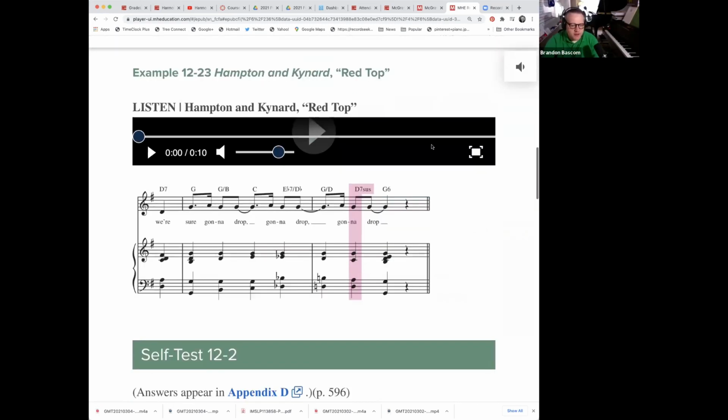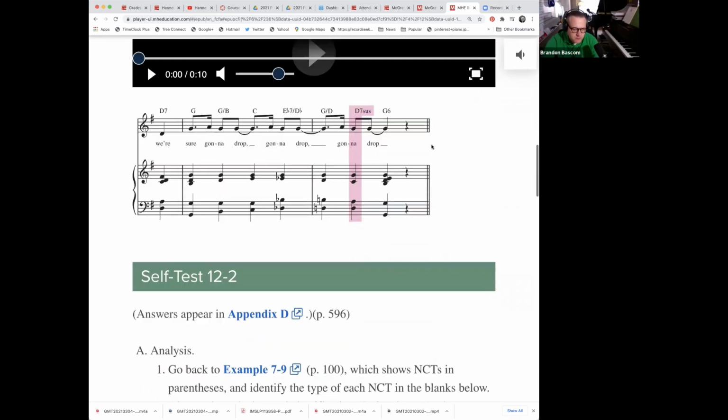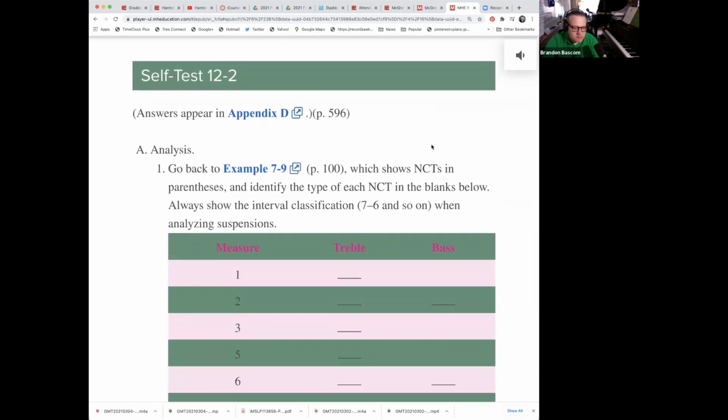All right, here we are. Self-test 12-2. Go back to example 7-9 on page 100, which shows non-chord tones in parentheses, and identify the type of non-chord tone in the blanks below.